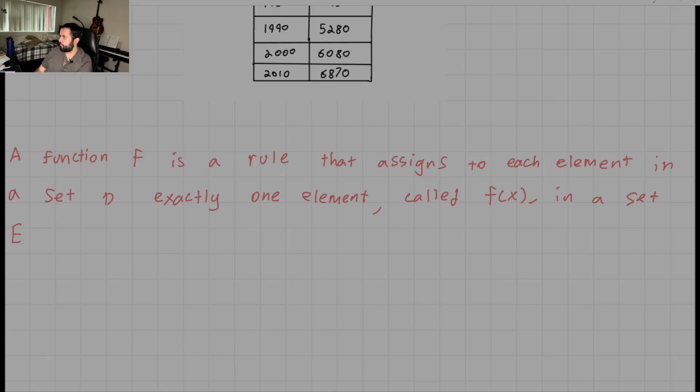For example, if you ever start coding, which you probably are going to do eventually, when you program, you define functions. And in those functions, you are going to define an input and an output. Now, those inputs and outputs don't necessarily have to be numbers.